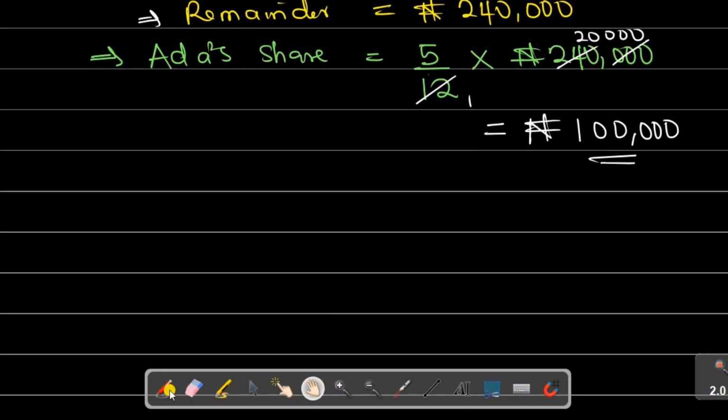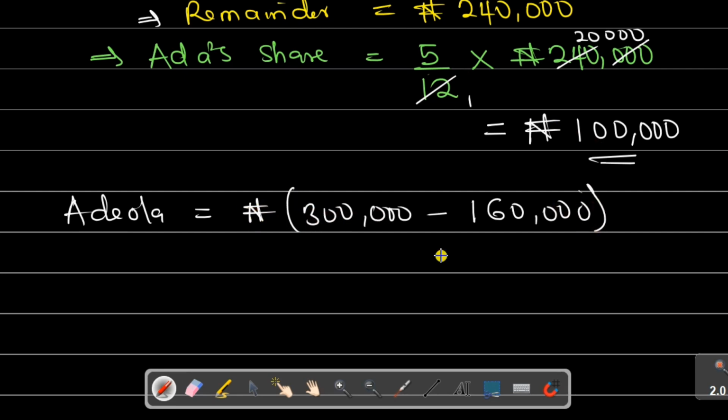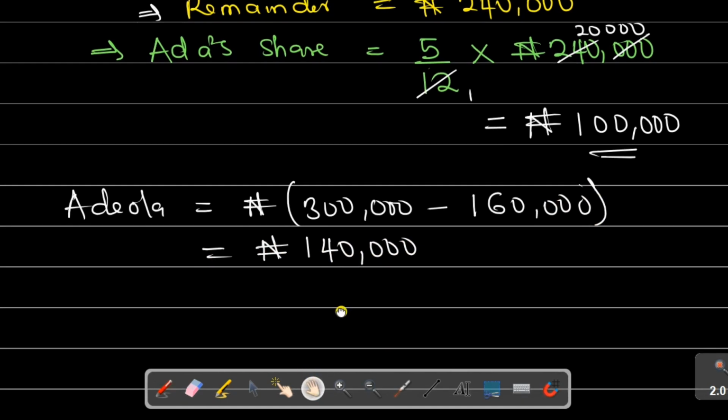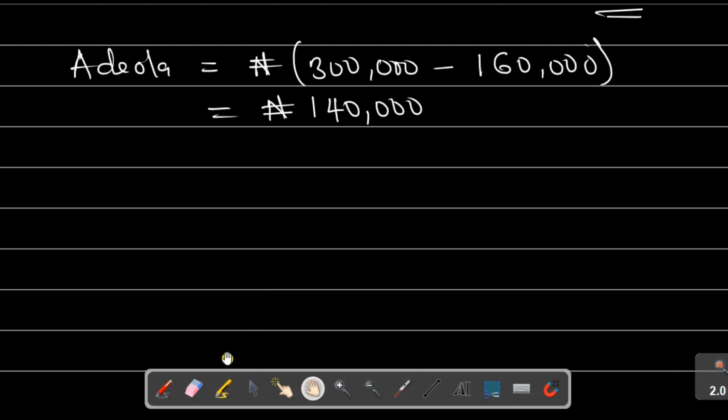Adiola's share will simply be the remaining amount when you remove the other 2 persons' shares, which is 140,000.